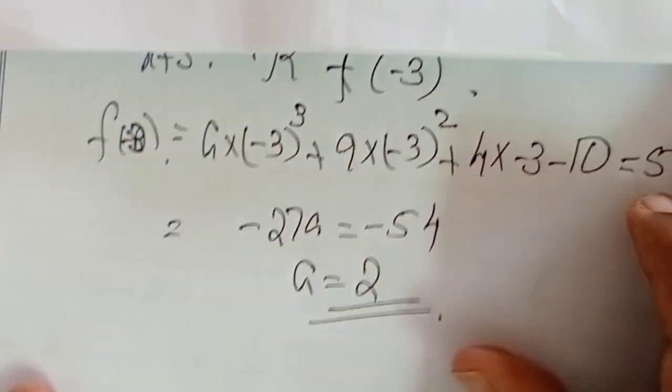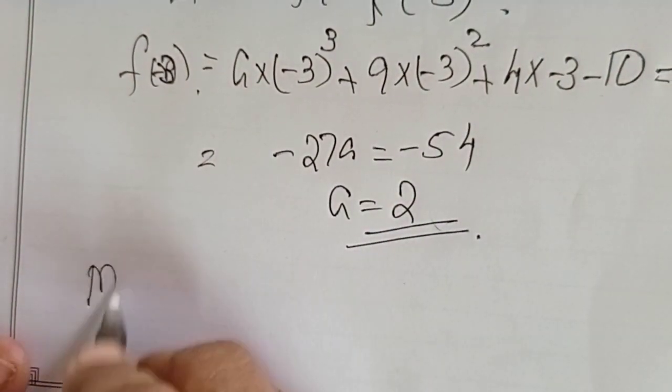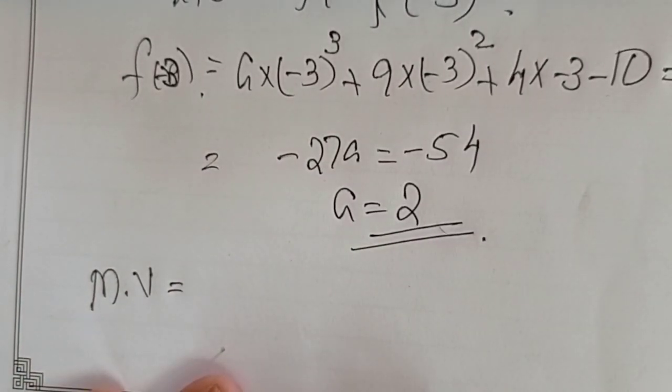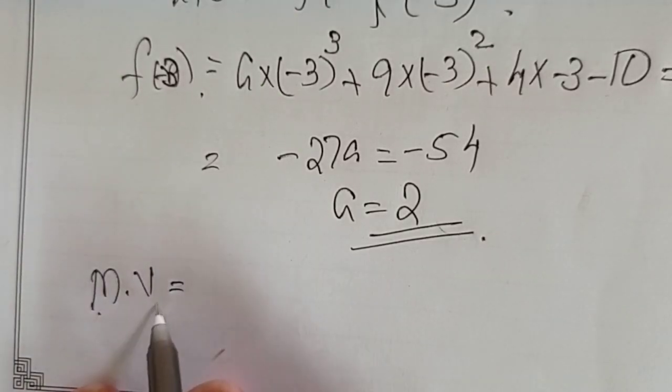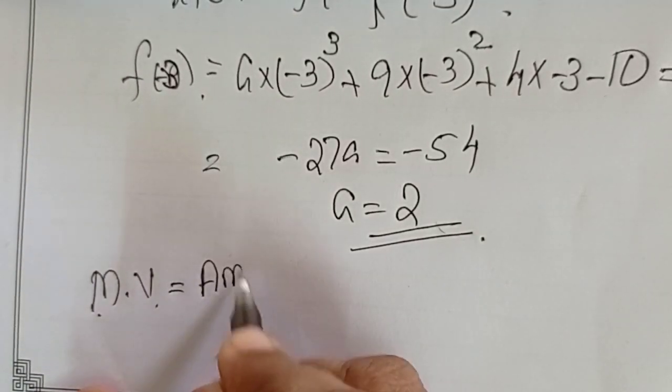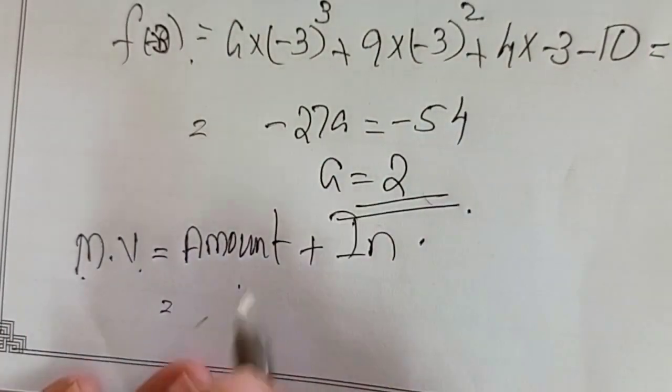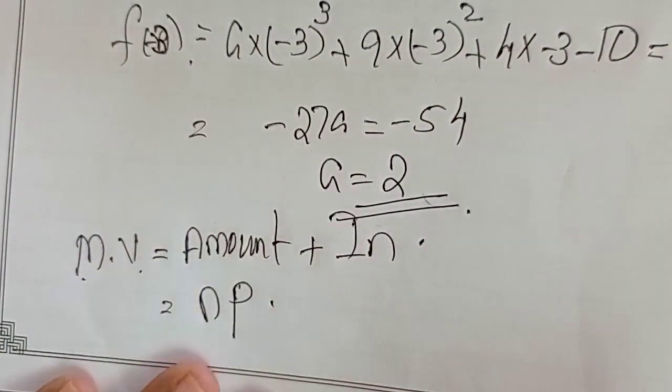How can you do that problem? All of you look here. When you deposit some amount in a bank that gives recurring deposit interest, the maturity value is amount deposited plus interest, isn't it? Therefore, the amount which we deposited is only n into p.